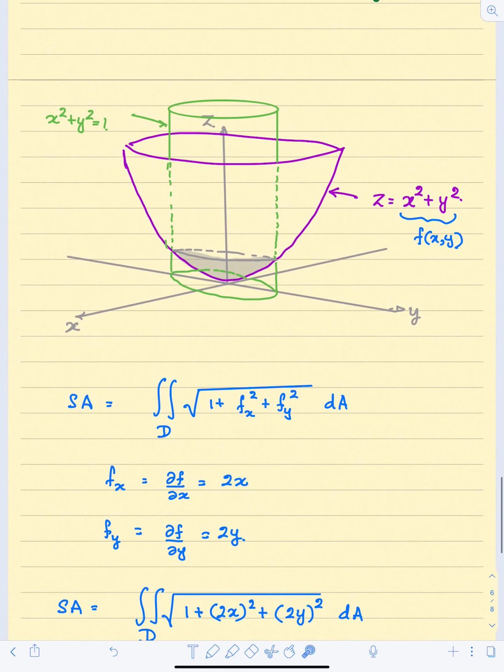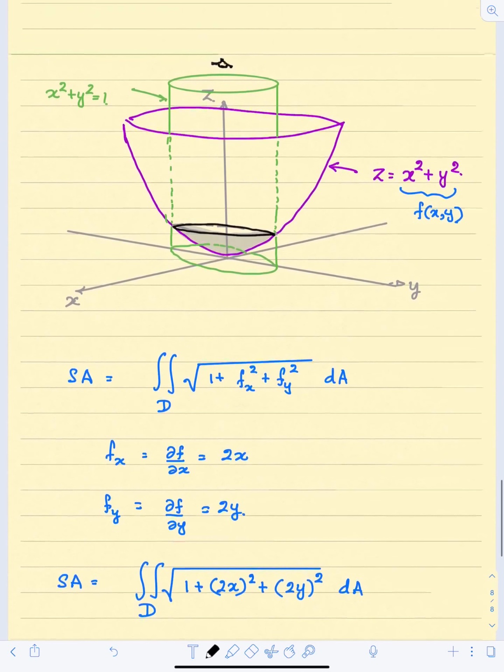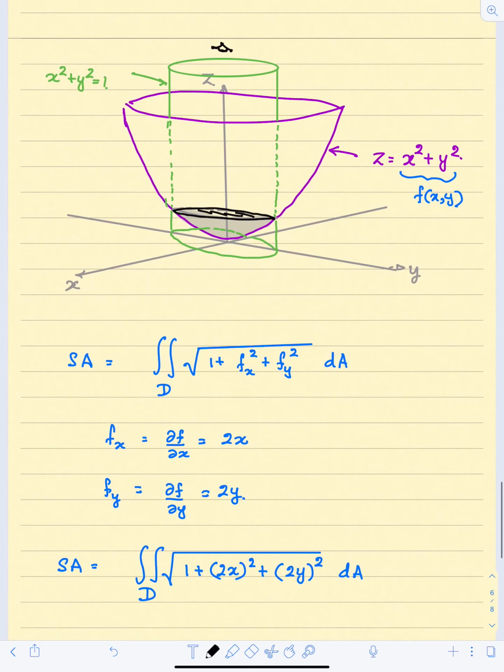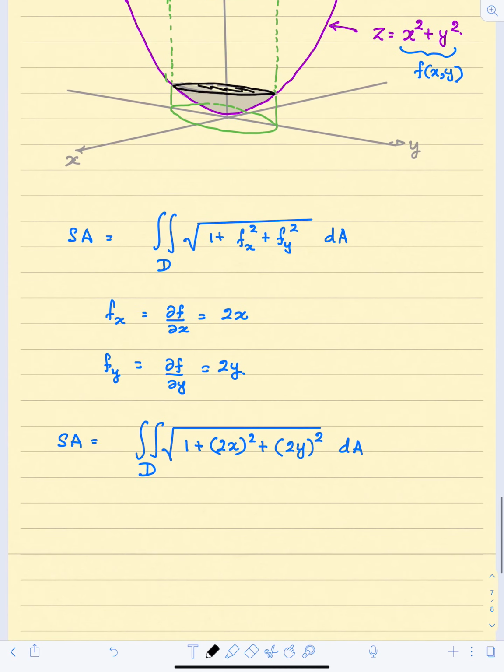Well, if we look from the top, then you will see this circular disc. And if you project this circular disc onto the xy plane, you will see a circle with radius 1.